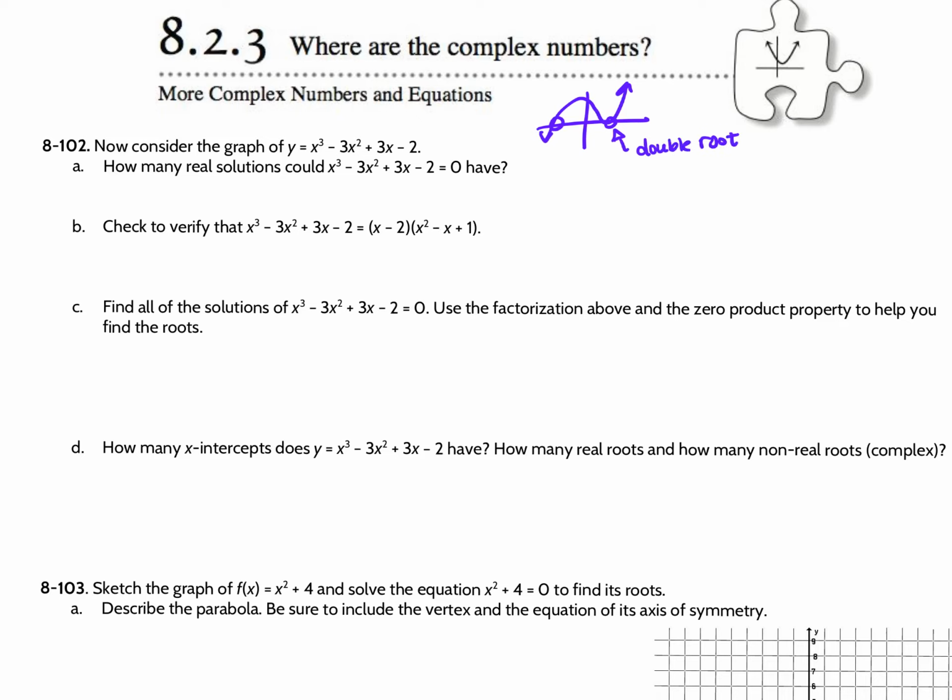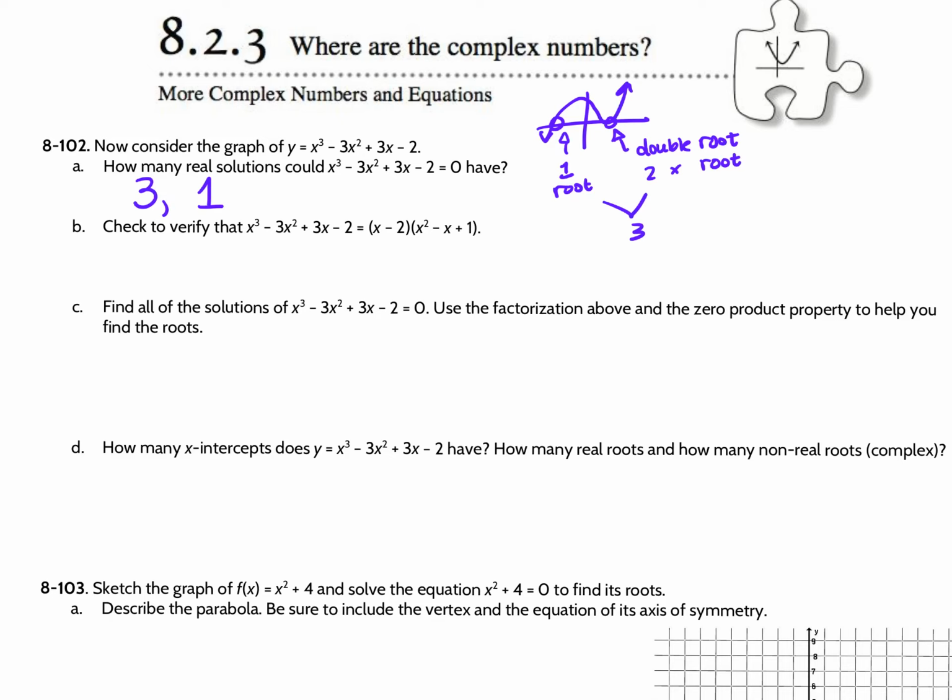That bounce off of the x-axis implies it's a double root. So it's really 2 times that root. And then this is 1 root, so there's actually a total of 3, even though it only intersects the x-axis twice. So it could have 3 if it intersects 3 times or twice, or it could have 1 if it just intersects 1 time.